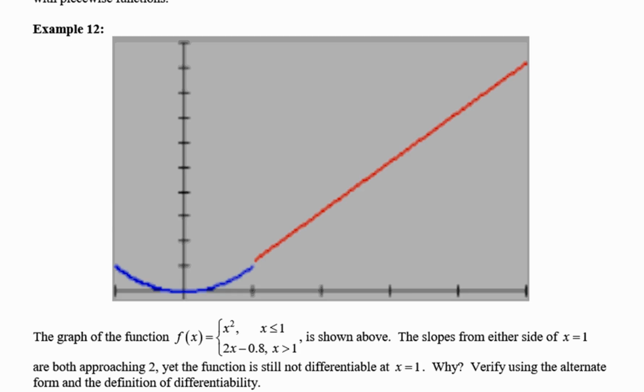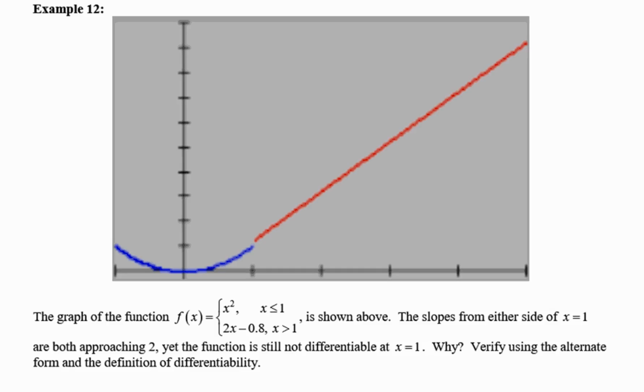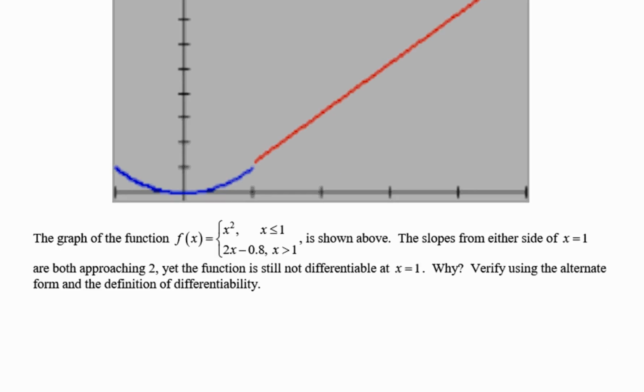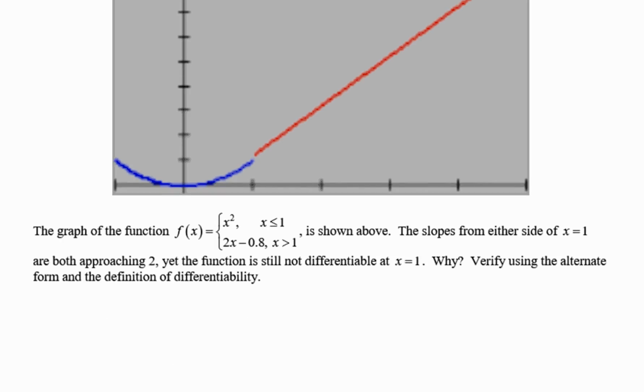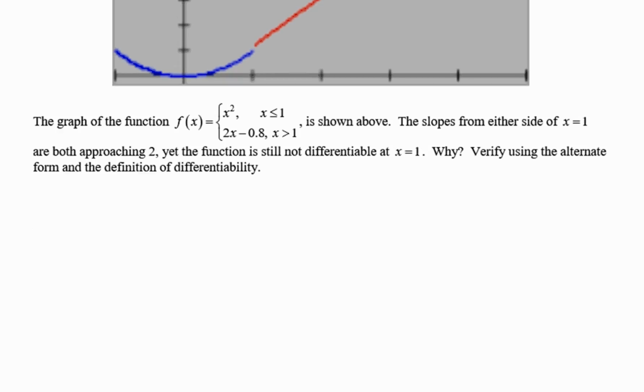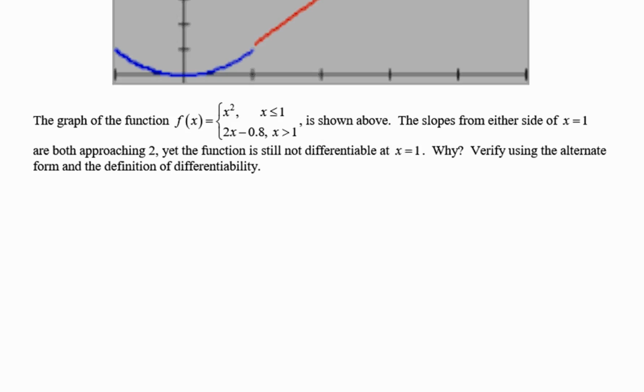We have example 12 here. We have a little bit of a graph. The slopes from either side of x equals 1 are both approaching 2, yet the function's still not differentiable at 1. And we're going to verify why this isn't happening, using the alternate form of differentiability.